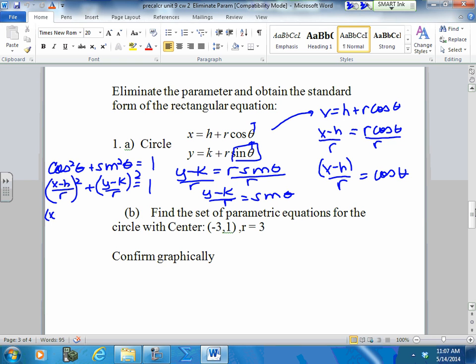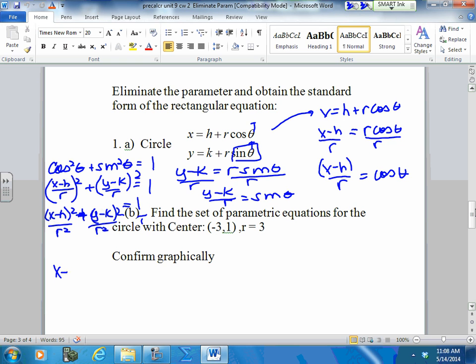So we get x minus h squared over r squared, plus y minus k squared over r squared equals 1. We have the formula for an ellipse. This is a special ellipse because your two denominators are the same, right? So what kind of ellipse is this? A circle. So why don't we just multiply everything by r squared and get rid of it?